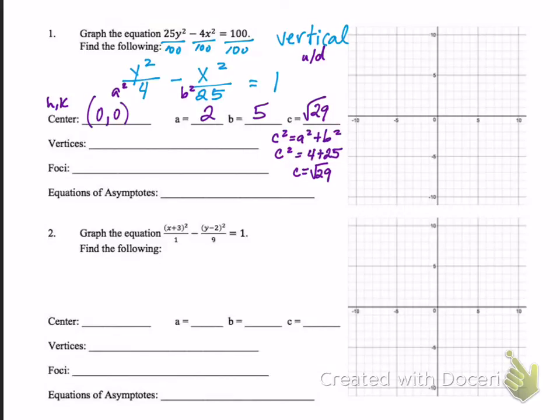So what I do first, before I draw my hyperbola, is I draw the little dashed box that we saw on the last page, with the formulas and everything. I'm going to put my center at 0, 0.